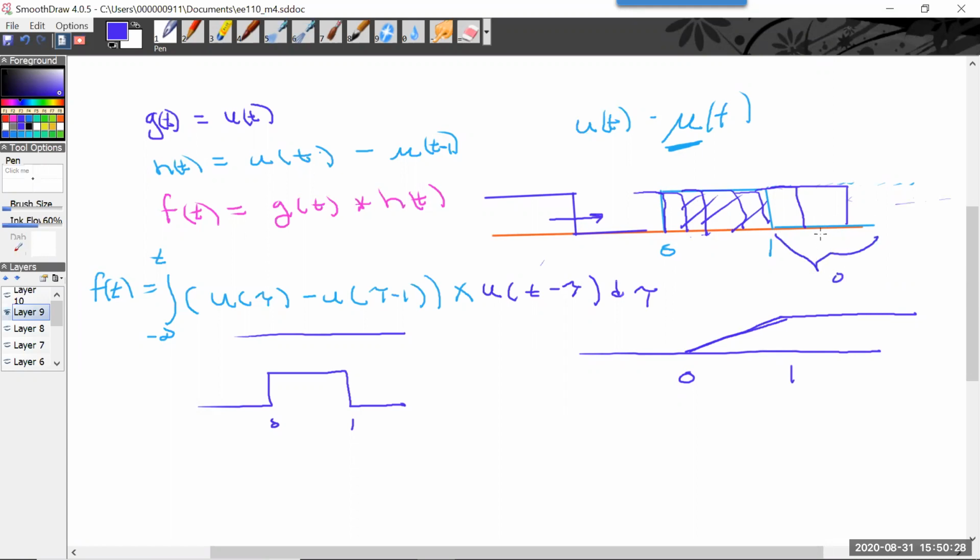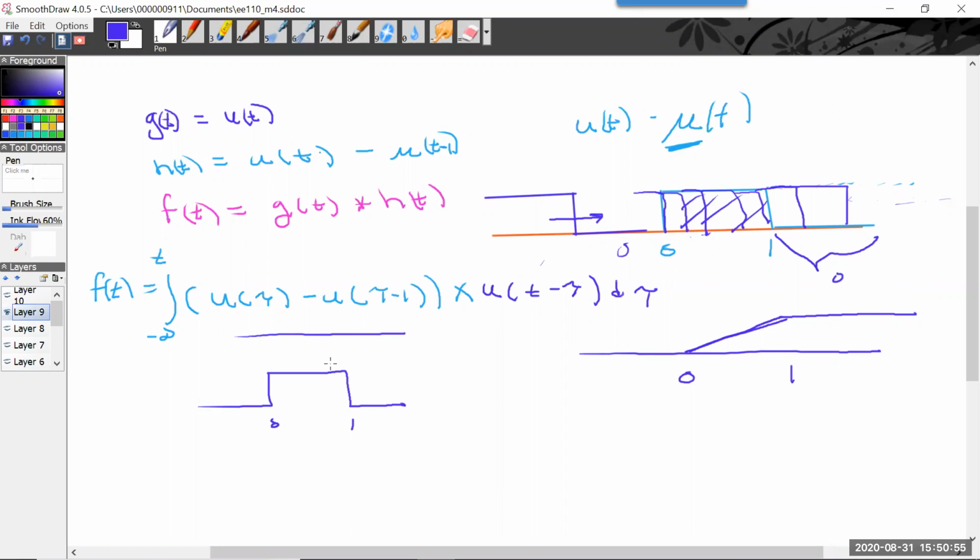So 1 times 0 is 0, so there's no area. It isn't until they overlap that you get some area. So that's what you should get, just for drawing it in an intuitive manner.